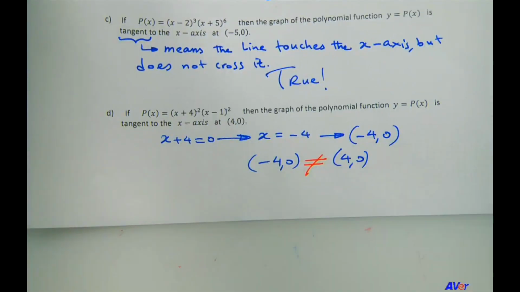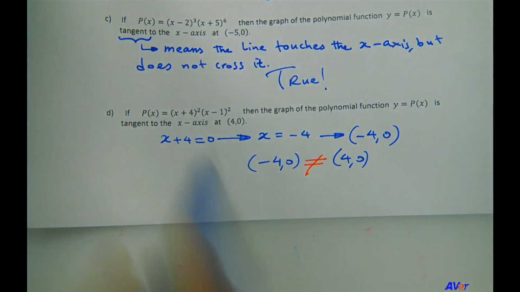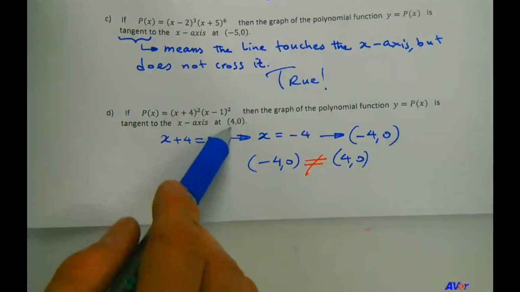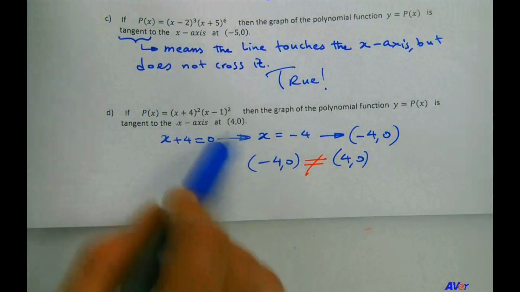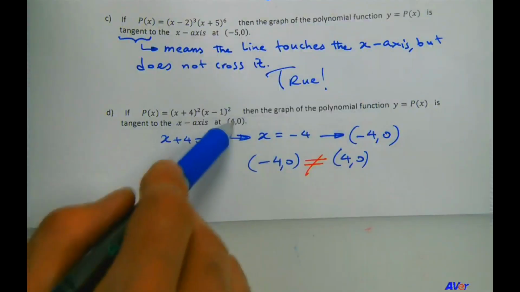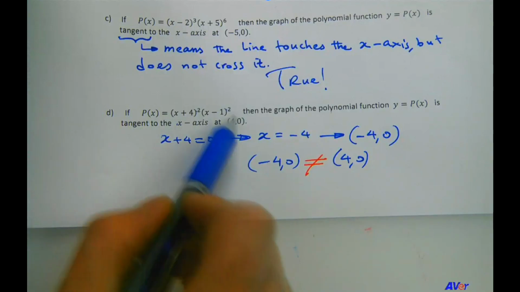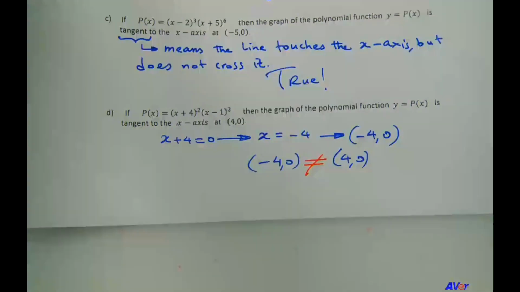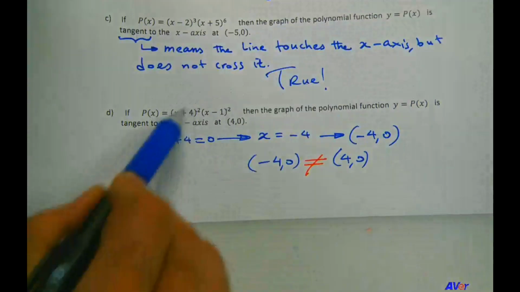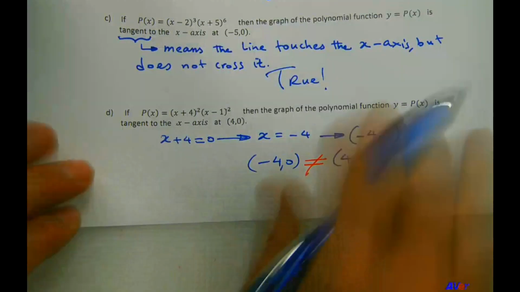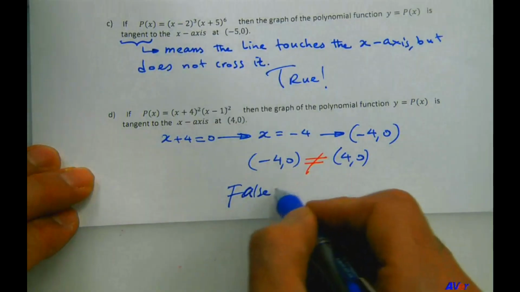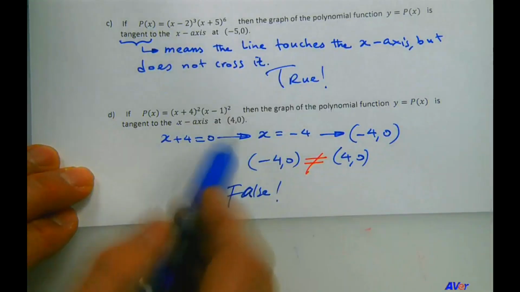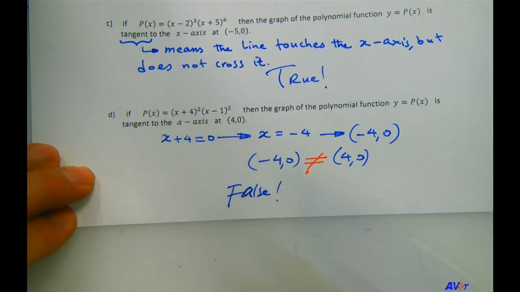So it has no multiplicity. The graph of this line does not go through that point, period. This point is off somewhere on the screen. It doesn't match. So we can say false, simply because this point doesn't belong to this polynomial.